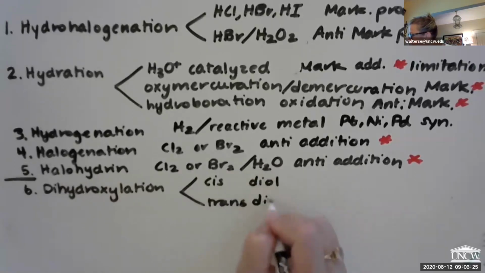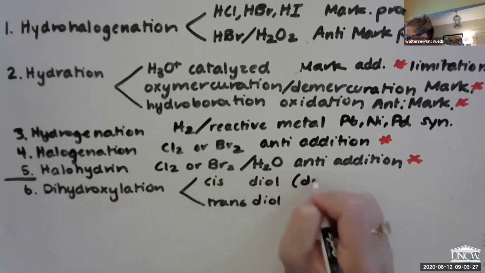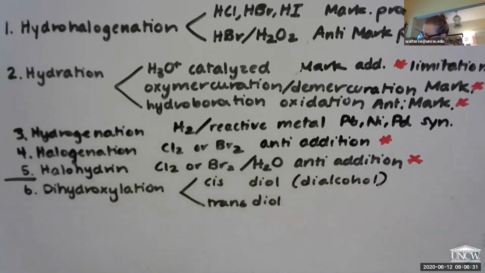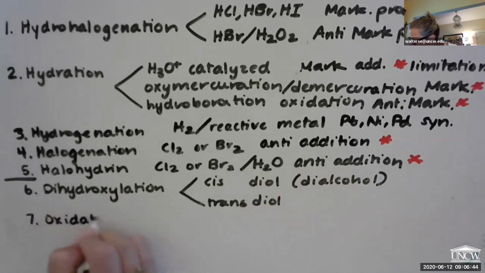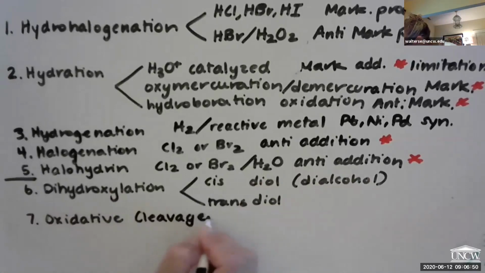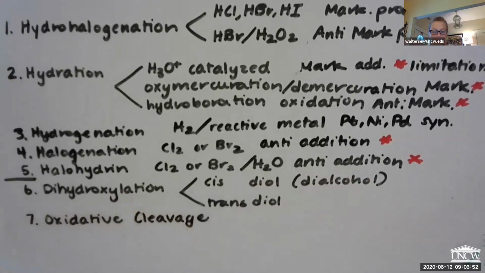A diol is a dialcohol, so you have to have 2 OH groups on your compound. And then the last thing that isn't on this table, but we are going to look at, is something called oxidative cleavage. Okay, and we'll come back to that.